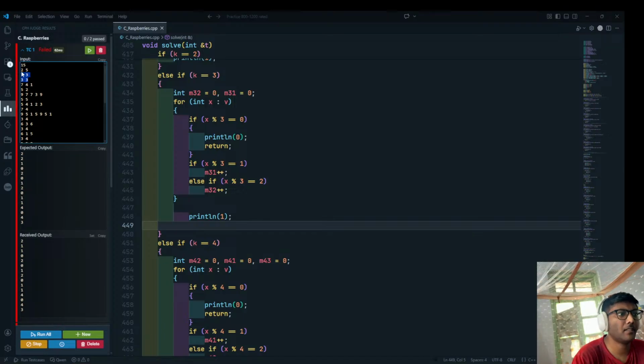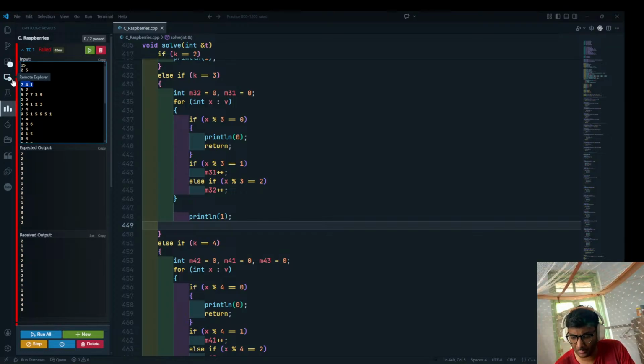Wait, not 7, 3. Oh, sorry, sorry. 7, 4, 1. 7 for the 28. This is modulo 3, 1 situation. And this is modulo 3, 1 situation. This is also a 1 situation. This is not a modulo 3, 1 situation.